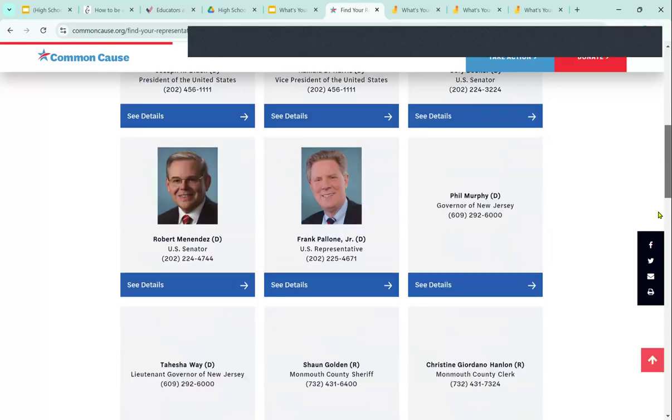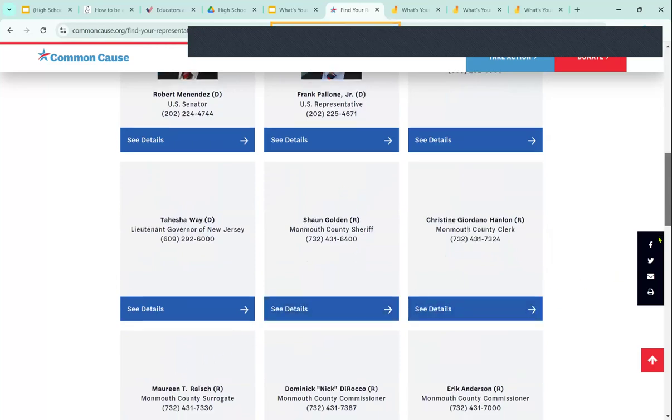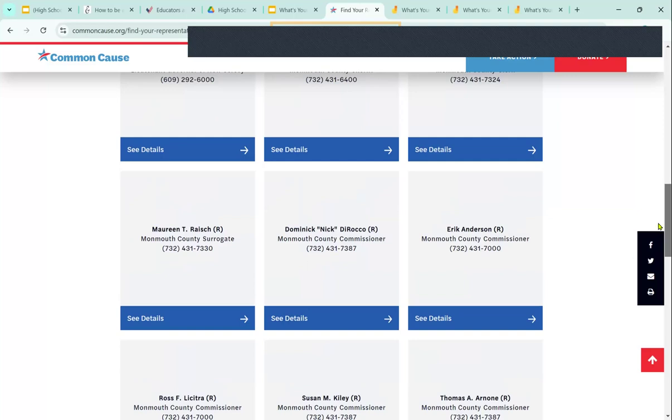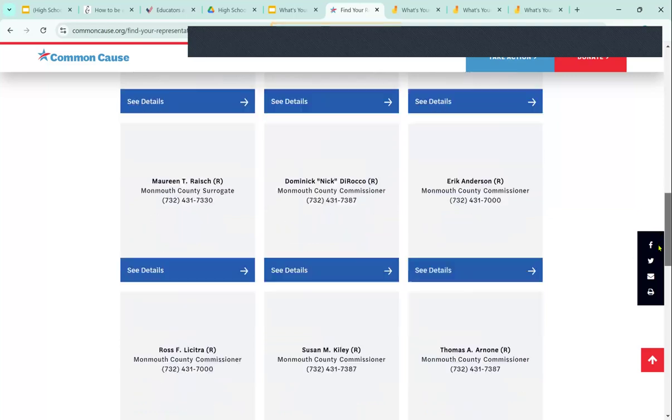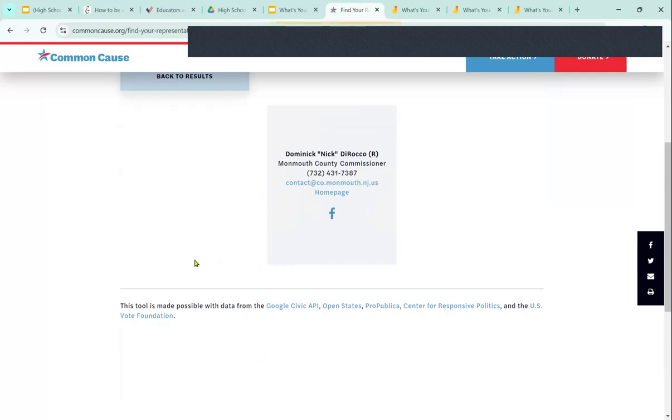Then we go to Phil Murphy, Tahisha Way. Sean Golden is county. There's more county people. So I can find the actual names of those people who are my representatives. And if you click on the link that says information, you can get the information so that you can contact that person.